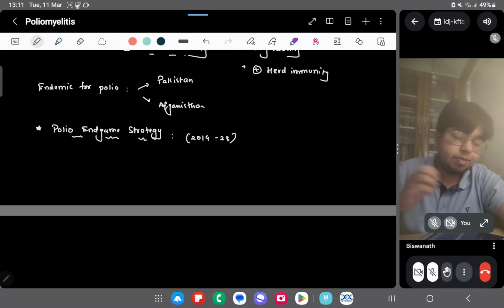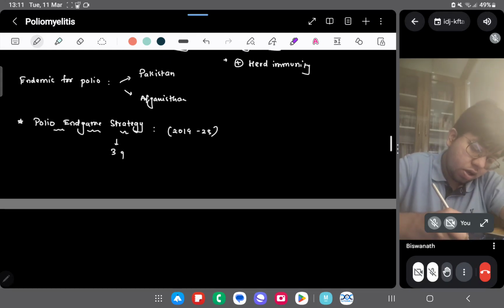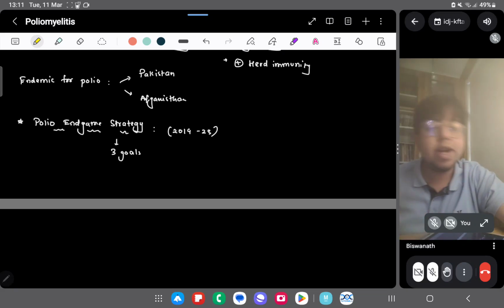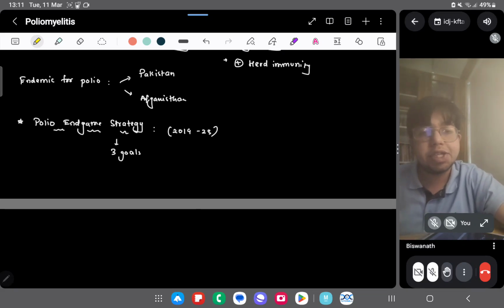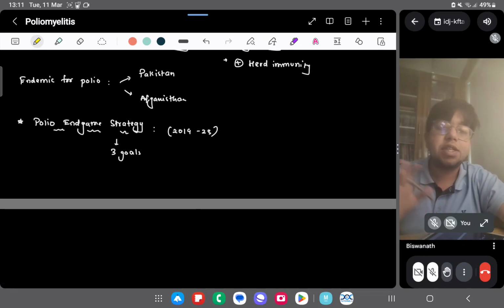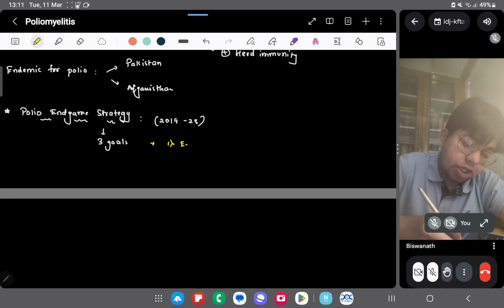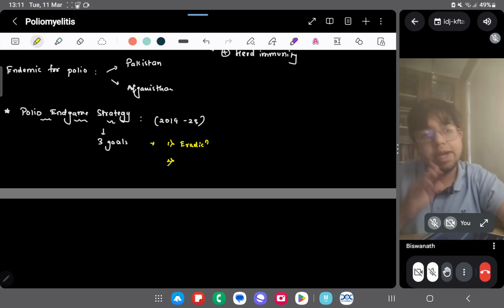We have three goals basically in the polio endgame strategy: eradication, integration, certification, and containment. This is the third goal. So we have goals like eradication of polio, we have to eradicate polio.